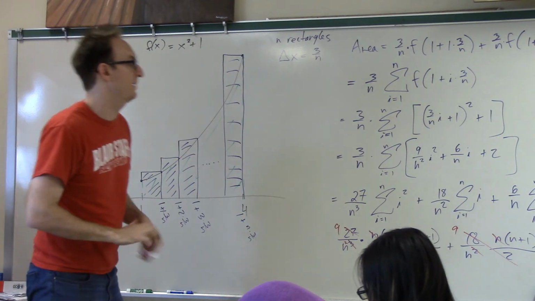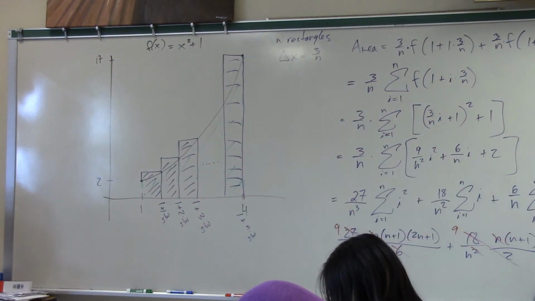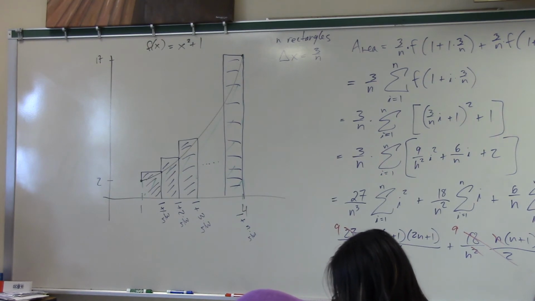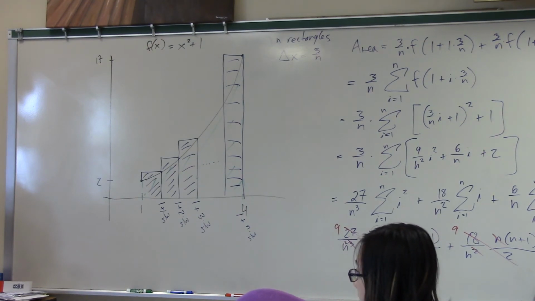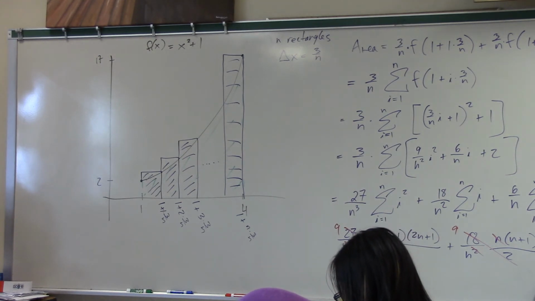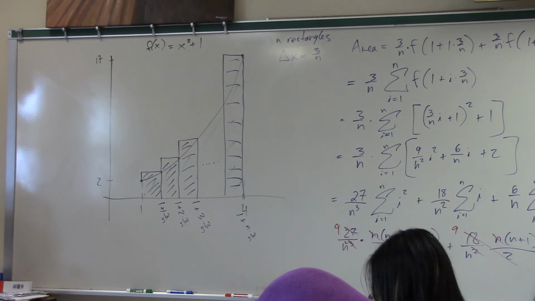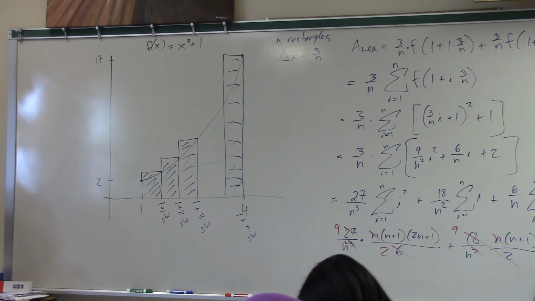Okay. So by being very careful with my algebra and using the formulas and canceling, when the dust clears I end up with 9 times (n plus 1)(2n plus 1) over 2n squared, plus 9 times (n plus 1) over n, plus 6.